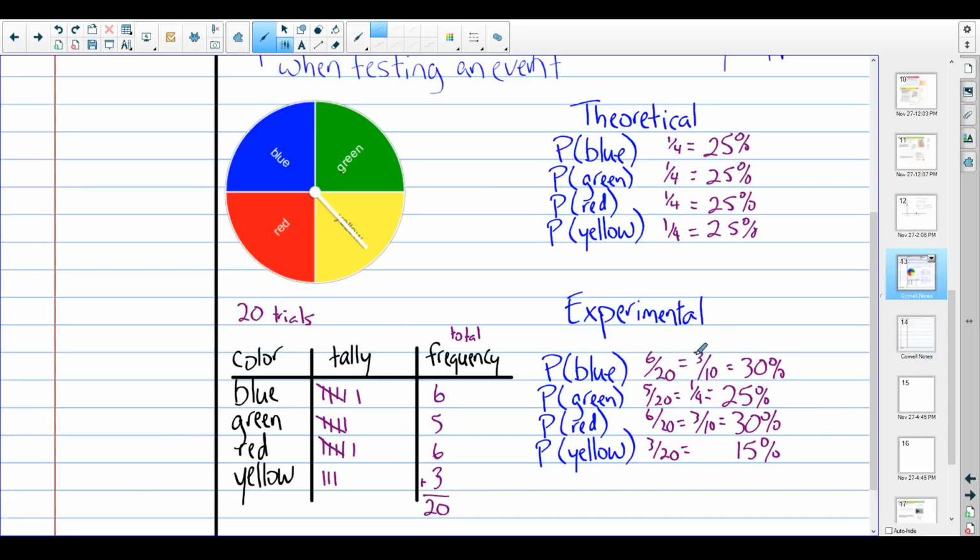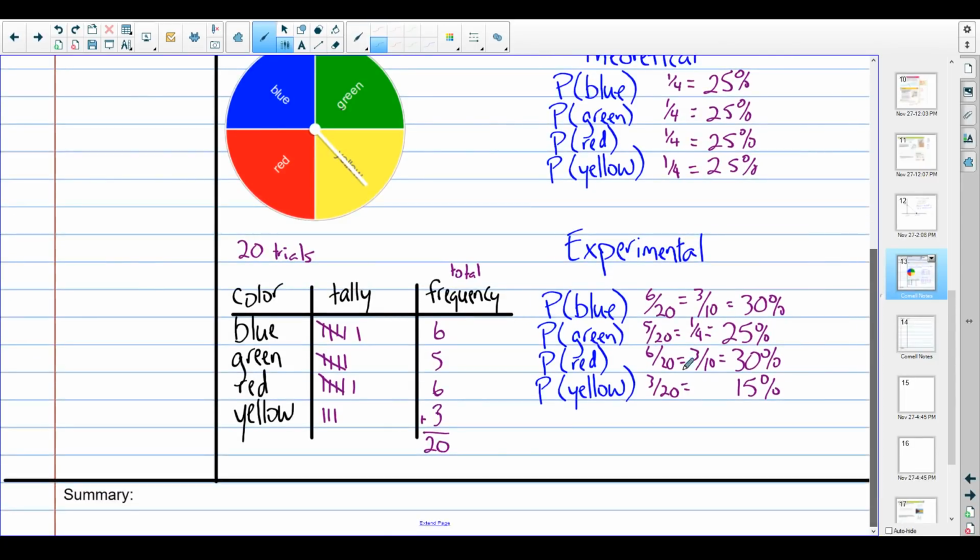And now we can compare these two. So how do our theoretical probability and our experimental probability match up? We could say anything that had a higher percent here, like blue and red, let's say blue landed more frequently than expected.